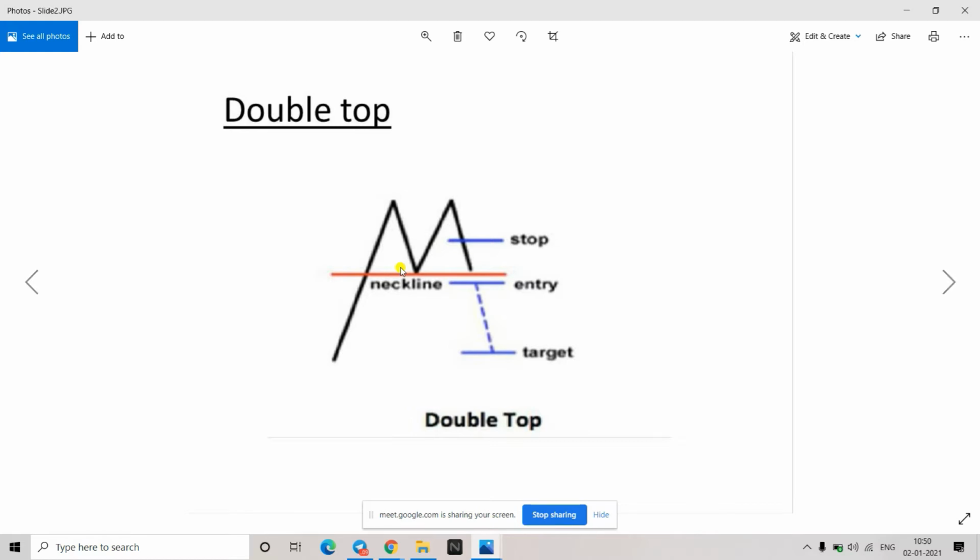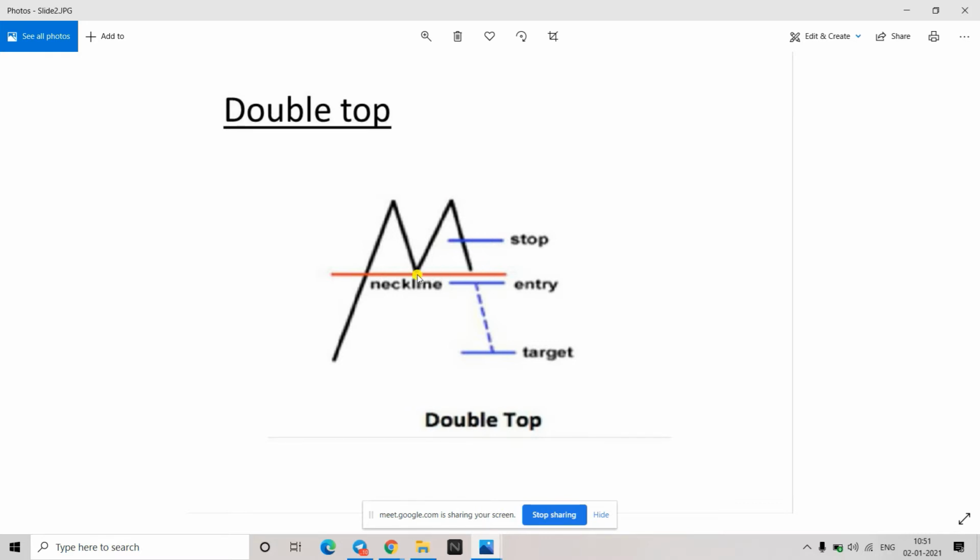In this, what happens is, price will be moving up and it will reach a point, and then it will give a correction, in the sense, if it is going up, the correction will be on the downward side. So it will give some correction, and then after reaching again a point, it will again try to go up, but then it will again give a correction from the previous high. This was the previous high, so it will again reject from the previous high, and again it will come back.